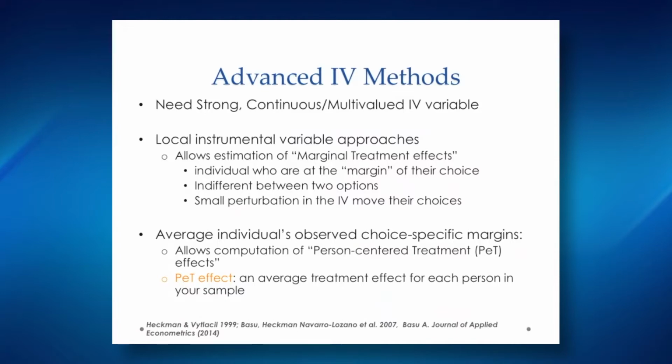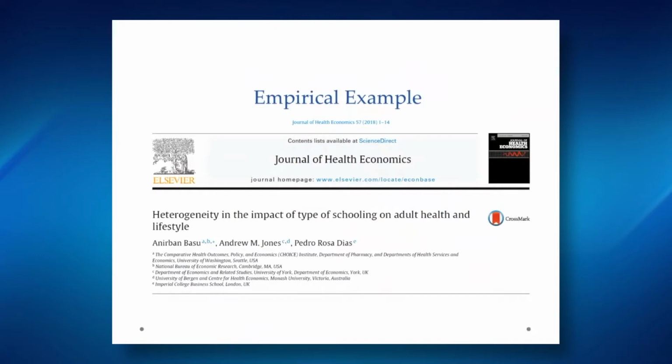And once you get that for each person in your sample, you can do a lot more in terms of policy evaluation. You can understand who would benefit and who would not. You would understand the correlation between different outcomes in terms of the effects, and all kinds of policy evaluations that you can think of. In the last 2 minutes, I'll give you a couple of examples.